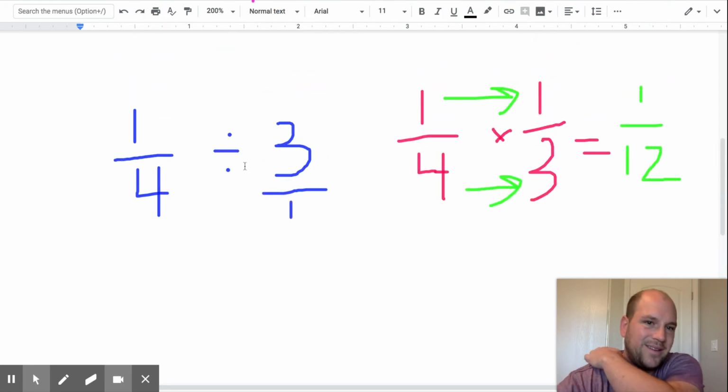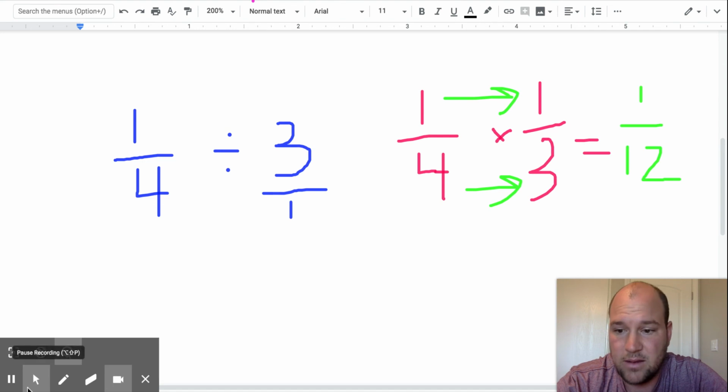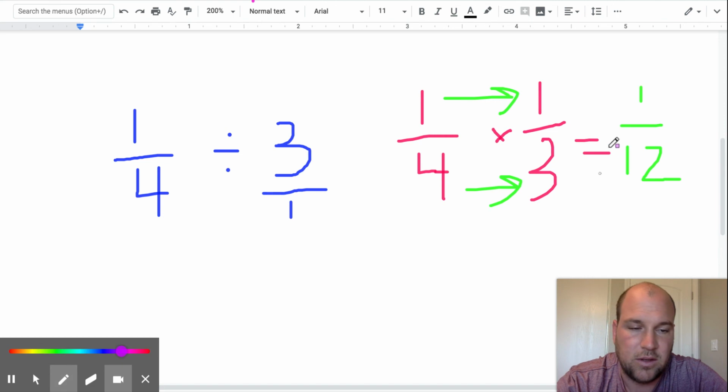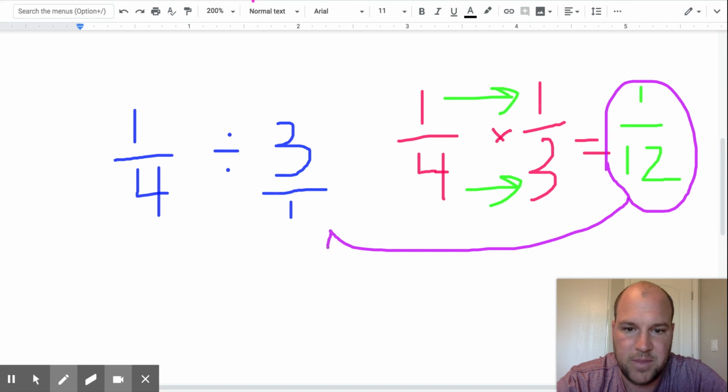Check your work. To check your work, it's super easy. You can take your answer and multiply it by your divisor. So to check your work, take 1/12, multiply it by my original divisor before I flipped it. 1/12 times 3.